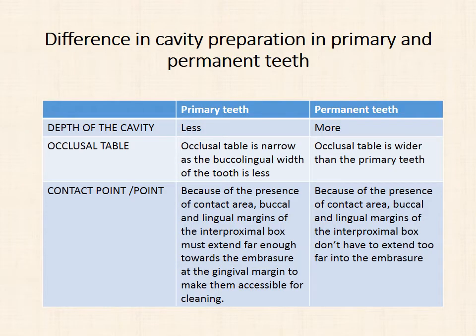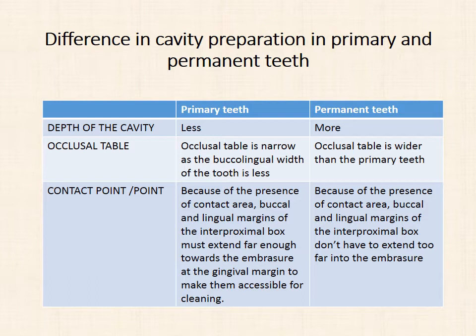Moving on to the differences in cavity preparation in primary and permanent teeth, starting with the depth of the cavity. The depth is less in primary teeth while it is more in the permanent teeth. The occlusal table is narrow, the buccolingual width of the tooth is less, while it is wider for the permanent tooth. Moving on to the contact point, primary teeth have a contact area while the permanent teeth have a contact point.